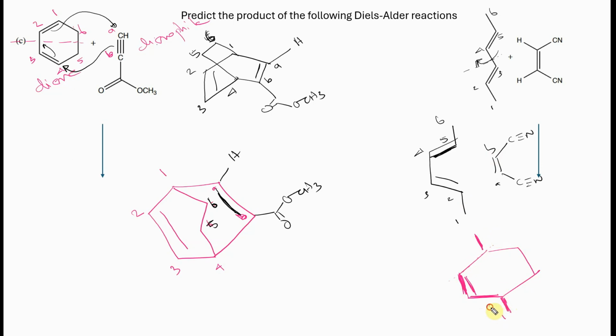So 1, 2, 3, 4, 5, 6, and in the product structure A and B, and since the cyano groups here are cis to each other, here also they are going to be cis to each other. They're going to be on the same side of the plane if you show them, where the hydrogens are going to be on the same side as well. That is the product structure.